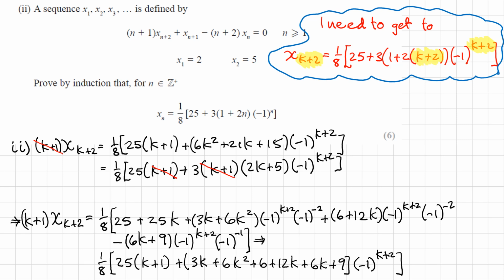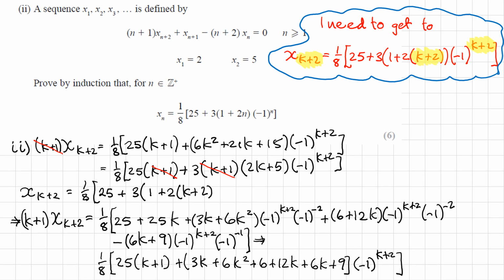So we're now on our last step, which is that x_(k+2), so we've got the formula that's required, is 1/8. So quite a lot of algebra here. 25 plus 3, and then in the brackets, the 1 plus 2k plus 2, that makes the 2k plus 5, which is what we wanted.